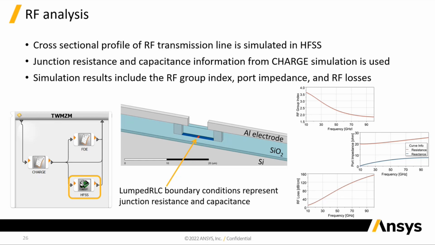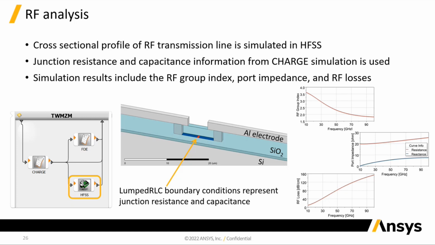In this step we will run the radio frequency analysis of this modulator. We do the cross-sectional profile simulations of the radio frequency transmission lines. Basically, you should use Charge to extract the resistance and the capacitance from the PN junctions.